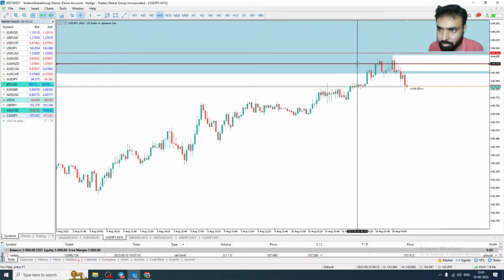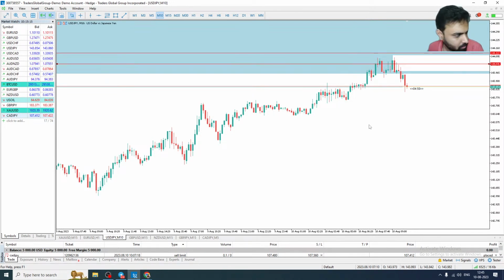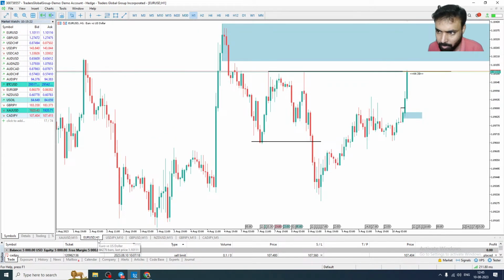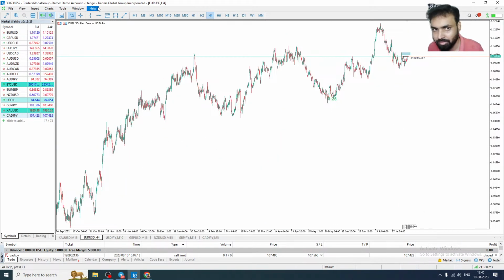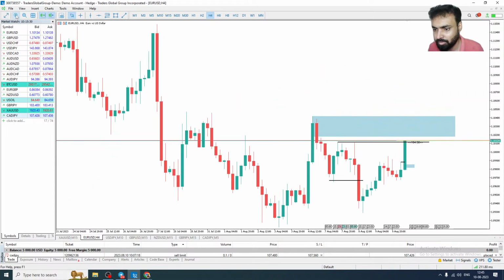How much? $86.8. But let's wait for the price to come up. Now you can see it is going above the equal highs. It's trying to go above the equal highs.